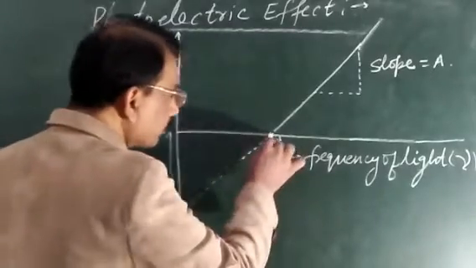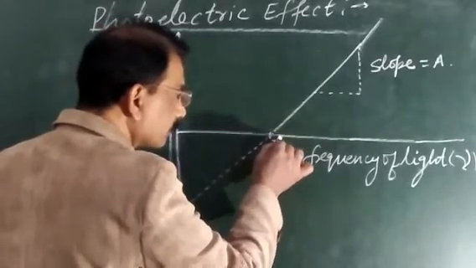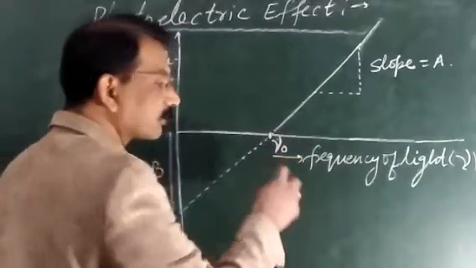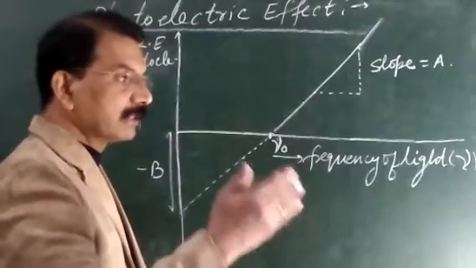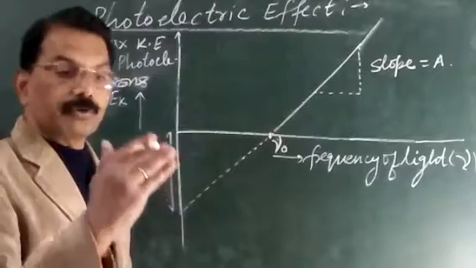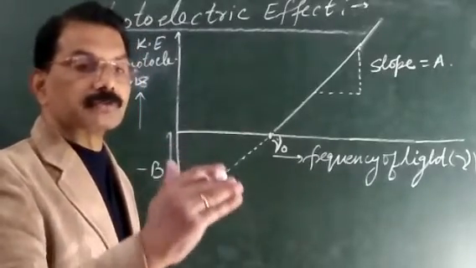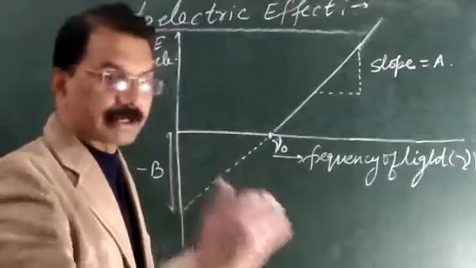Remember this. With this graph we can find the threshold frequency, nu naught. How can you define it? The lowest frequency of light required to emit a photoelectron from a metal surface is called the threshold frequency for that metal.